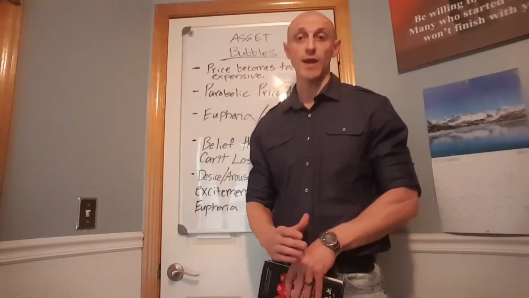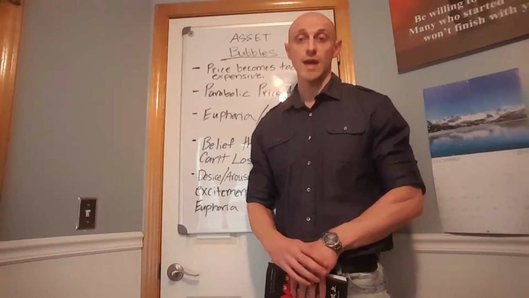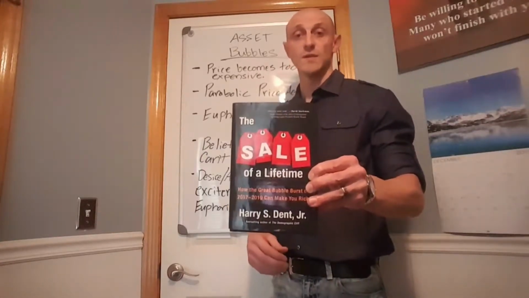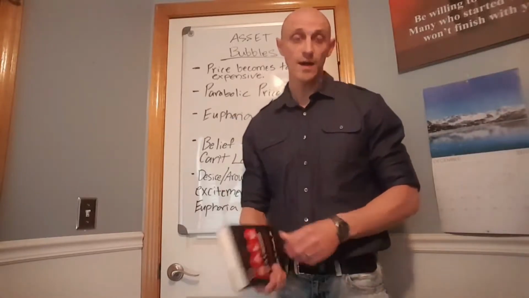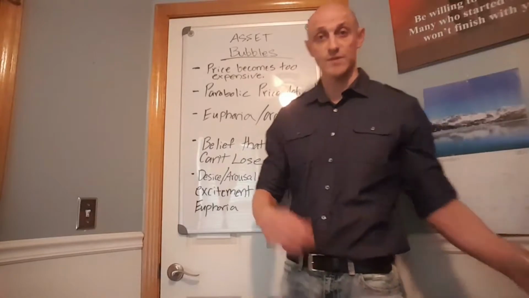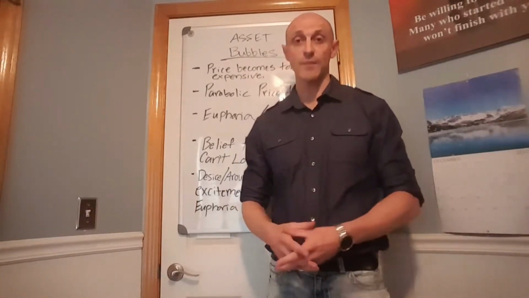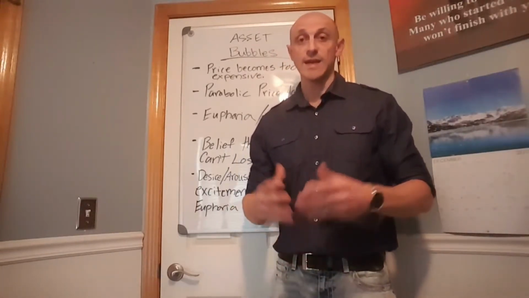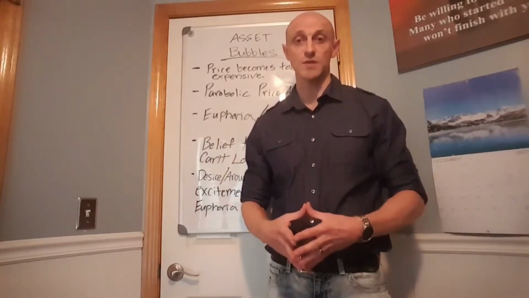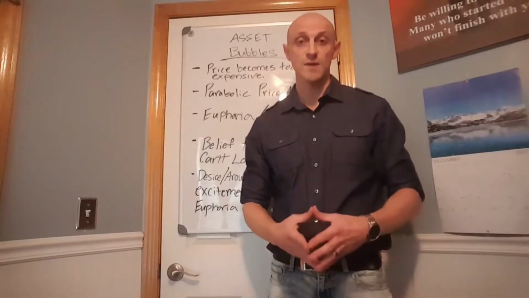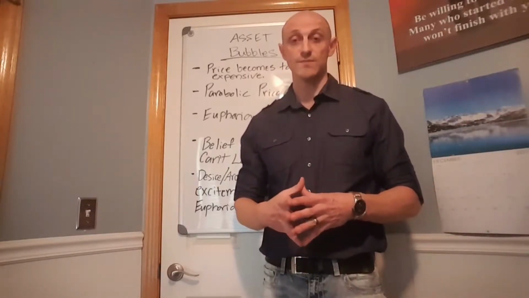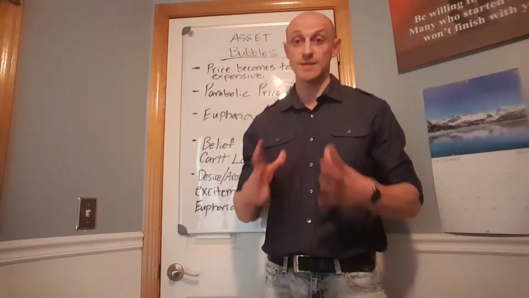But I'm reading a book right now that covers bubbles, and it's written by Harry S. Dent Jr. It's called The Sell of a Lifetime. I just got this for Christmas, so I'm only through the first chapter right now, but he's an expert on demographics. He's studied these charts for probably a good 30 years, and some of what's in his book on asset bubbles is in your face, it's astonishing.